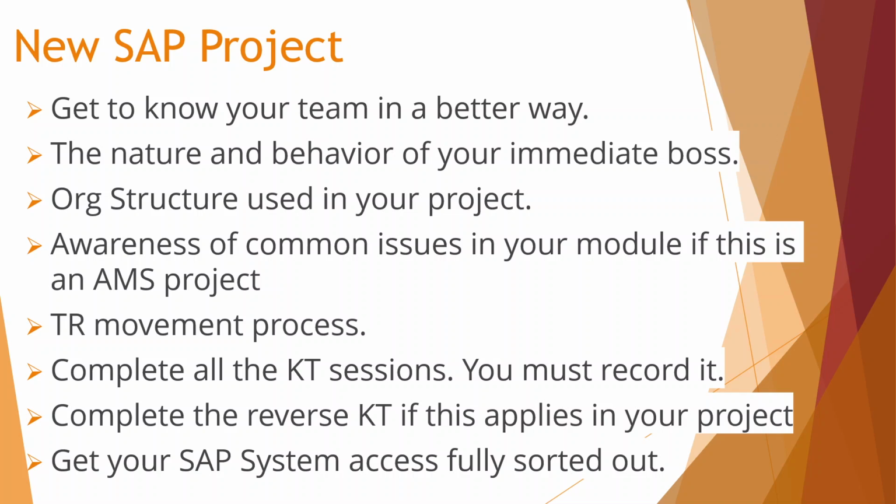Apart from that, you also need to check whether you have SAP system access to all the systems or not: development, quality, production, sandbox, and all other systems as per the requirement of the work which you are supposed to perform. So you have to check. I have written only SAP access, but this is not related to only SAP access as such.